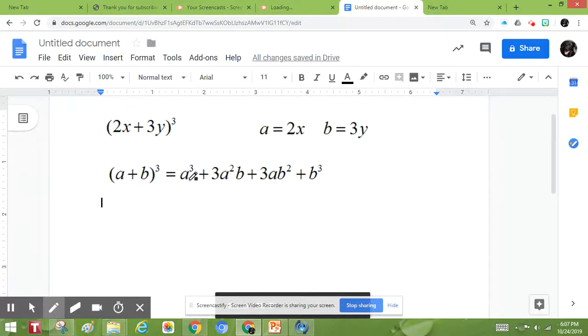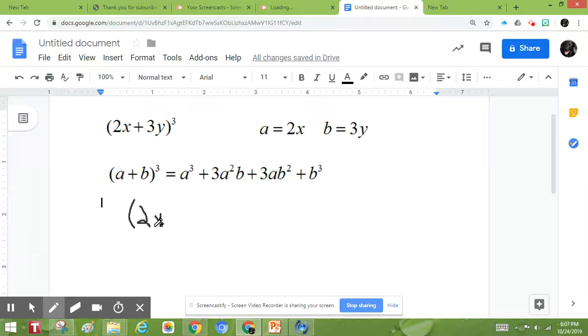So I have an A to the third, so A is really 2x, so I'm going to put (2x) and raise that to the third power. To that, I'm going to add 3. Well, I have an A here, so I'm going to put (2x) and I'm going to have to square that. And then I have B, which is 3y.